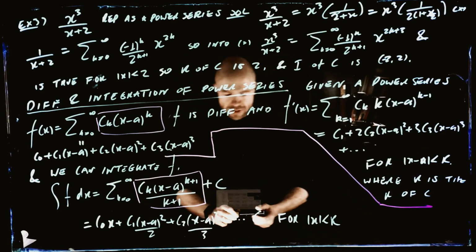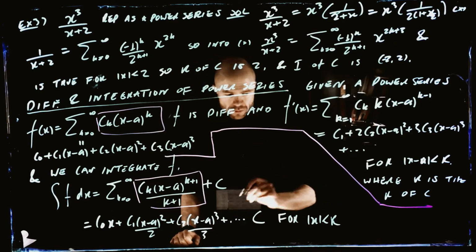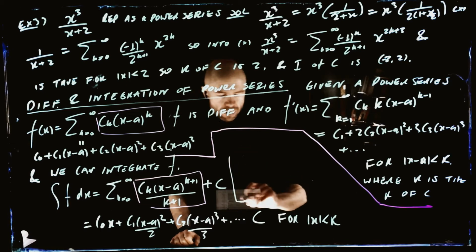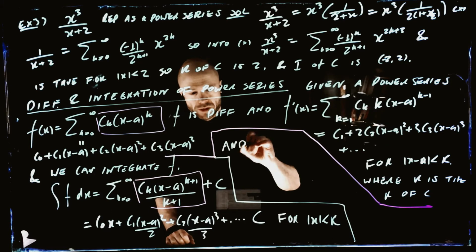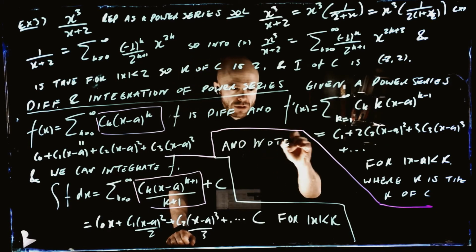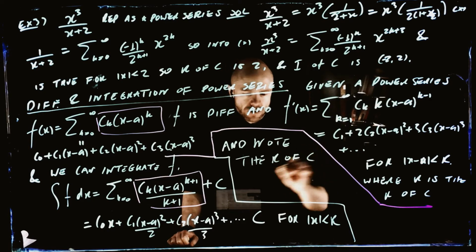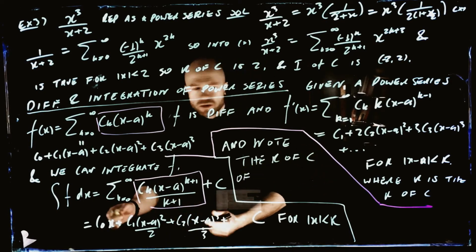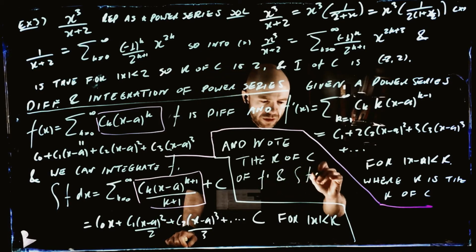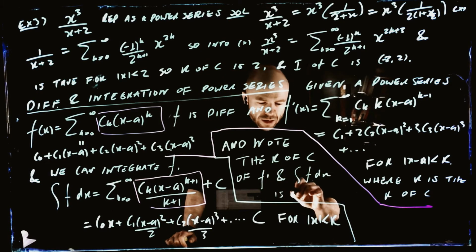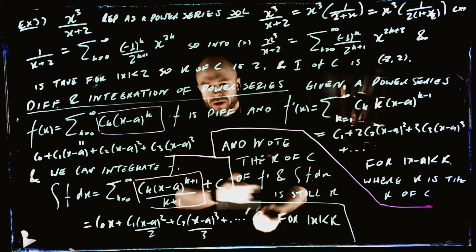So maybe I'll emphasize this too. Note the radius of convergence of these power series, the derivative and the antiderivative, is still R. So we don't have to worry about finding the new radius of convergence.